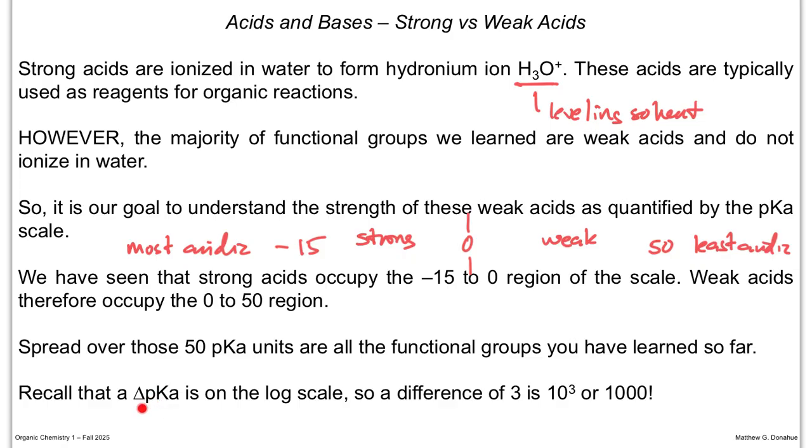So we're going to say delta pKa, where we compare those two values and then take the difference, but realize, say if the difference is 3 in pKa units, really it's 10 to the 3 or 1,000. And so we'll talk about how we match acids and bases to affect the equilibrium.